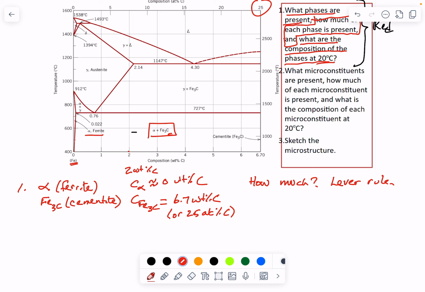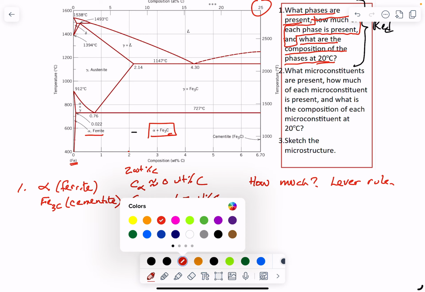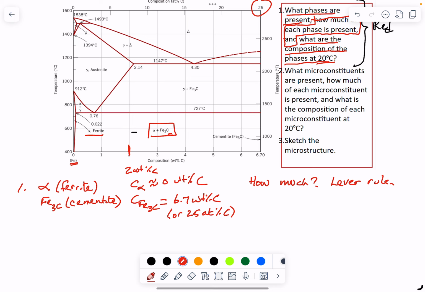The tie line of interest we want to pay attention to is the intersection of the overall alloy composition with, and I'm drawing it there so we can visibly see it, sorry, I meant that to be a flat line. So we use the lever rule. This is one point of interest, that's another point of interest, and that's another point of interest.